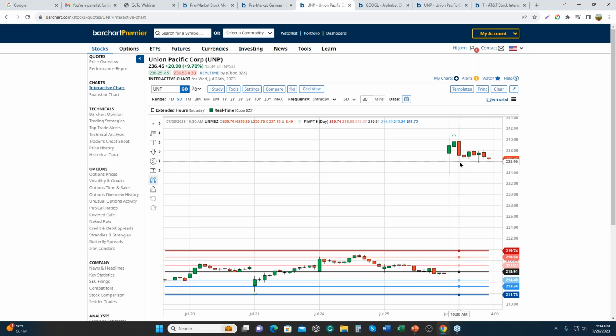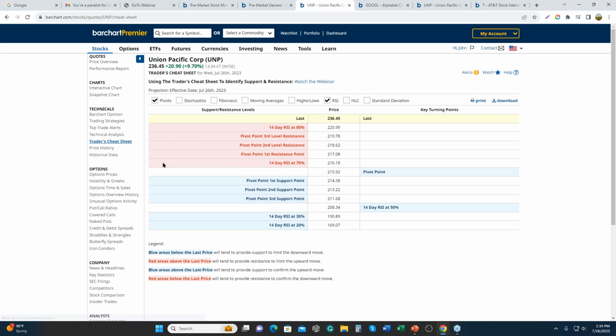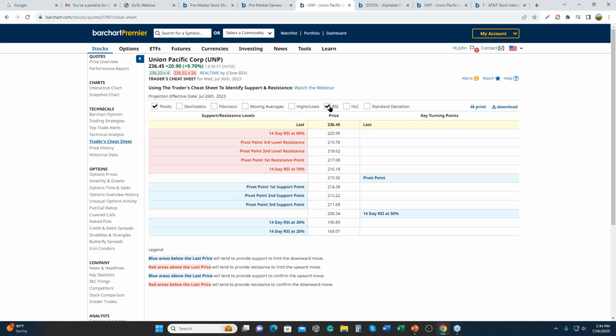Now, another technical analysis we can do on top of this is, if I go back to my trader's cheat sheet, I'm going to look at RSI. And again, notice that if we get above 225, based on RSI, we are in the overbought territory. So this stock has already moved a large amount.